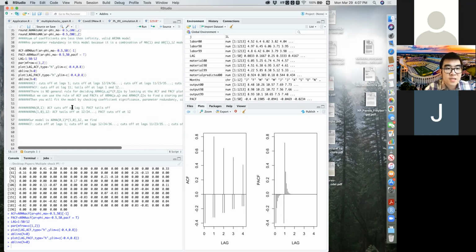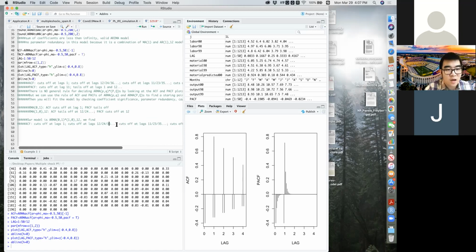This is the same as the MA(1) model, where the ACF also cuts off at 1. We also find our model cuts off at 12, 24, 36. This again is consistent with the seasonal ARMA model, the ACF plot of the pure seasonal model.